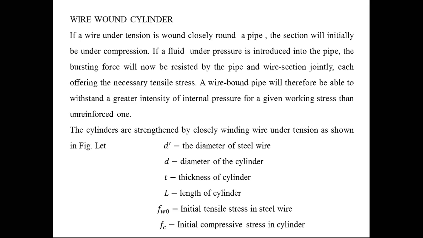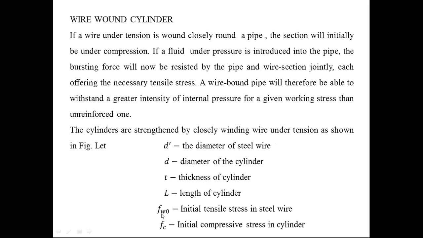Let D dash be the diameter of the wire and D the diameter of the cylinder, T the thickness of the cylinder, and L the length of the cylinder. F W naught: the naught is for the initial tensile stress in the steel wire, W is for wire, and F is stress.